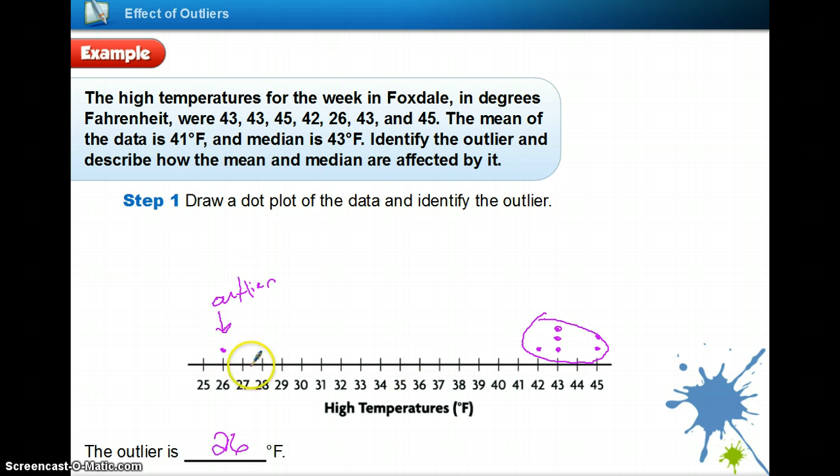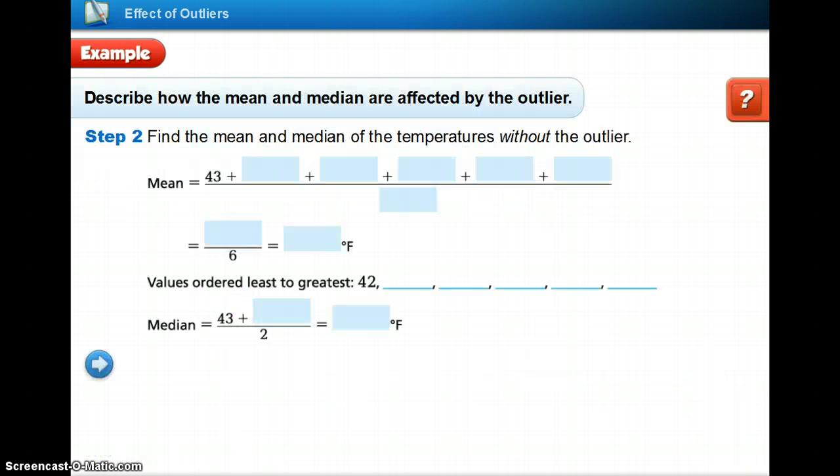Now that we know what it is, we're going to see how it affects the mean and the median. To do that, we're going to start by finding the mean and median without it, and then we'll find the mean and median with the outlier and see what happens.